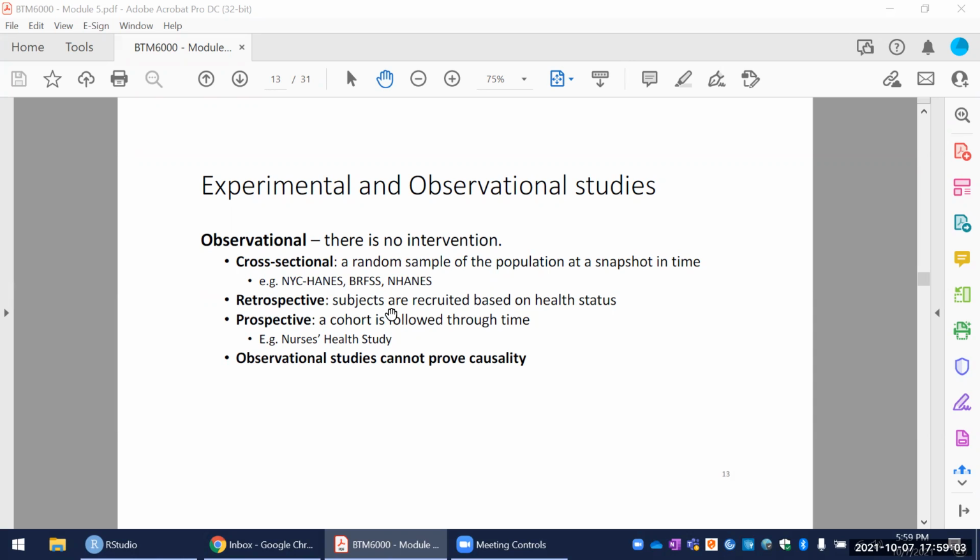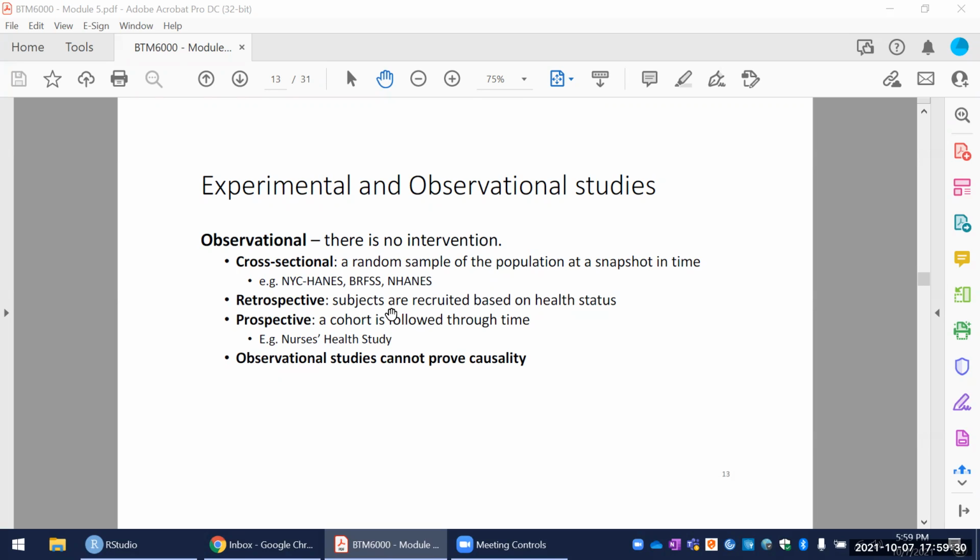Health status would be, for example, a study design called a case control study, where you pick subjects that have a certain disease, and you quantify, within that population that has a certain disease, the exposure to a certain characteristic.